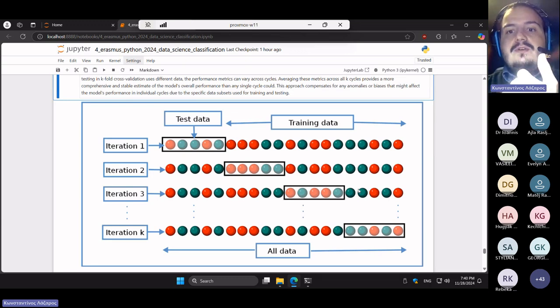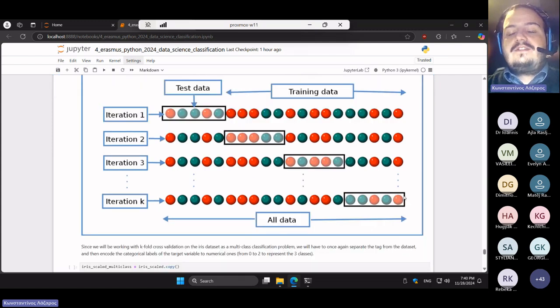Each of them is trained and tested using different subsets, but at the end of the day they will have considered the entirety of our data, so our entire 150 samples, for example, in the case of Iris.